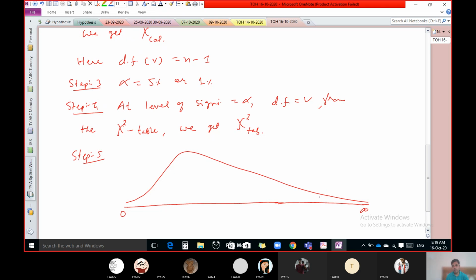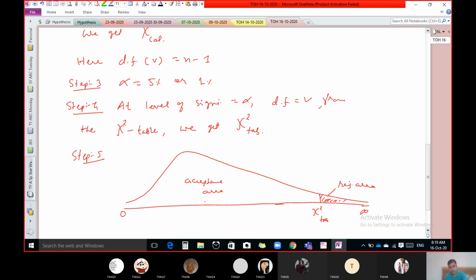So here we have to write chi-square tab, and this is our rejection area, and this one is the acceptance area.